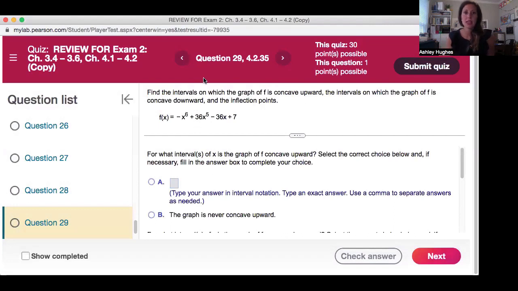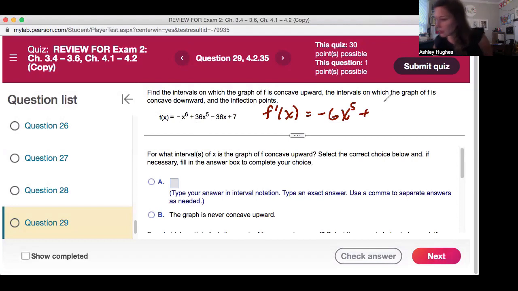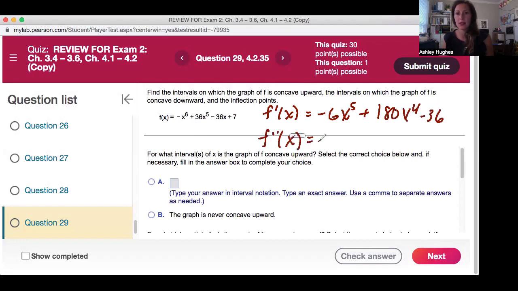Concave up, concave down. That just means we have to take the derivative 2 times. So the derivative of the first one, -6x to the 5th, plus 36 times 5, 180, x to the 4th, minus 36. Then take the derivative again, -30x to the 4th, plus 720x cubed.